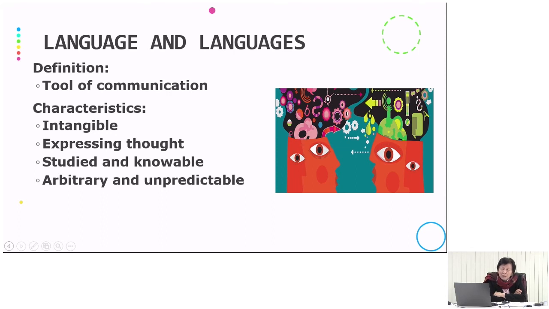Sometimes, even though in the same country, in the same area, in the same geographical boundary, people communicate, but they use the language differently from each other. And when they speak out, the language doesn't sound the same.